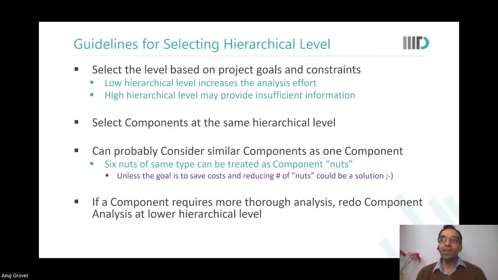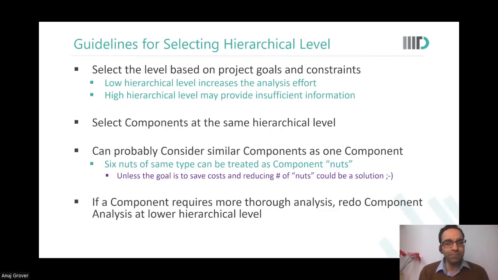For example, if you look at the case of this law system that Lavanya was talking about, at present they are at a very high hierarchical level. They're just saying Niti Aayog, they're just saying public, they're just saying this. So it doesn't have sufficient information.